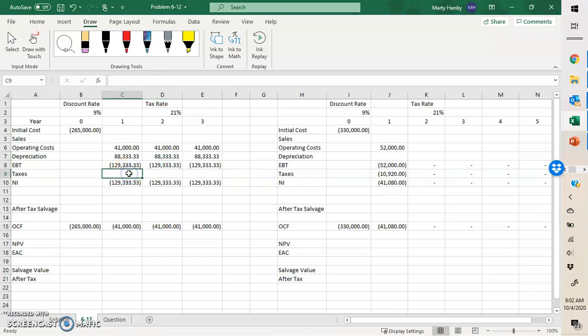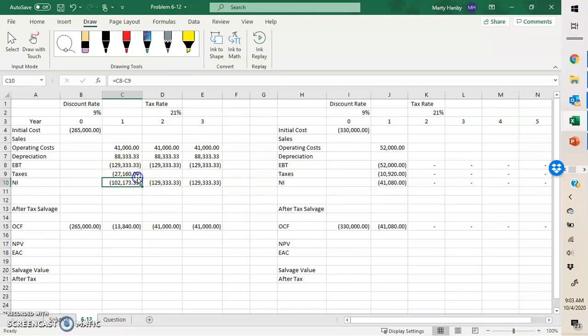Now to calculate my taxes, I take equals, and I take the tax rate, and on my computer it's function F4. It may be just F4 on your computer depending on the setup, but Fn F4, and then times the EBT.